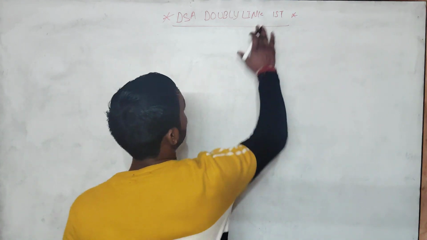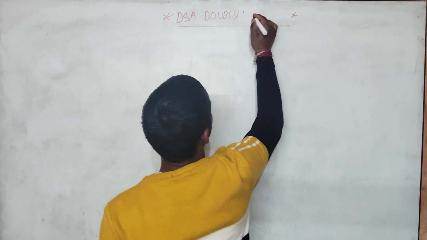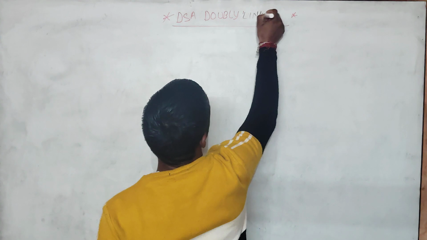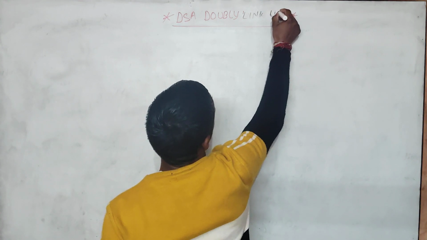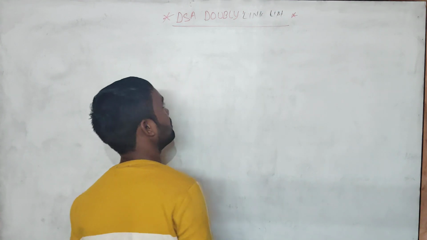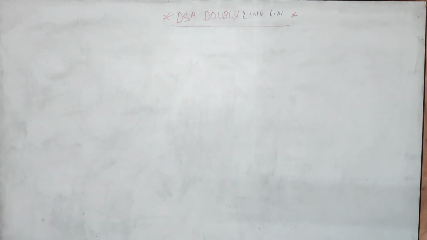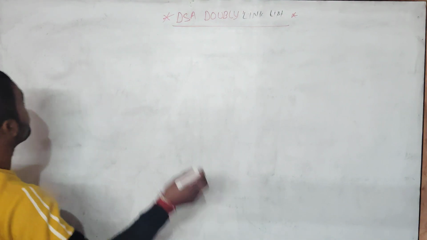Firstly, I write here double linked list. I'm going to discuss it here. Just give me some time. Okay. What operations do we have?